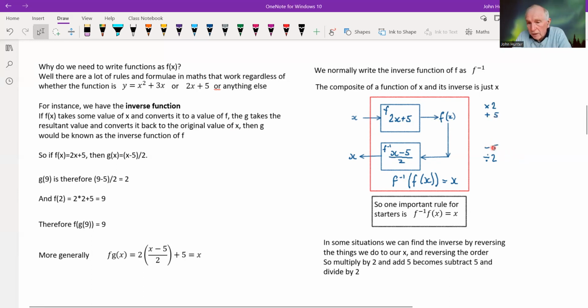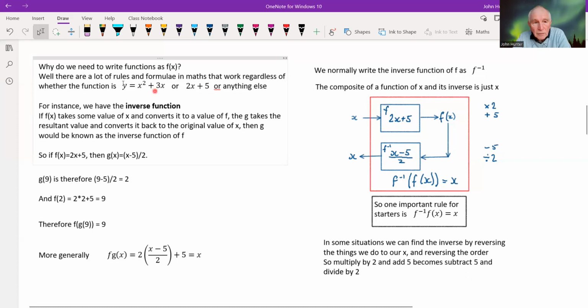So we subtract 5 and divide by 2, and that's what we've got here. And that's why these two are inverse functions. Now, it's not always easy or straightforward to do that. It's nice and simple in this situation, but there's another way of doing it, which we will show later.